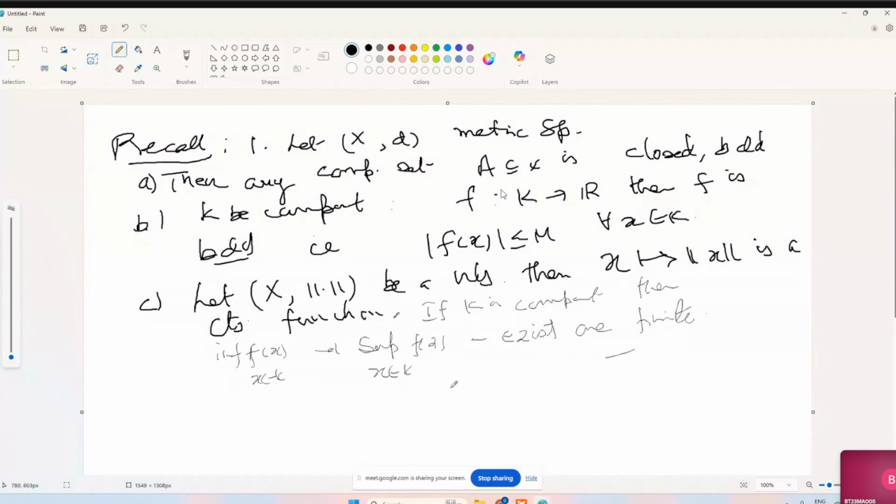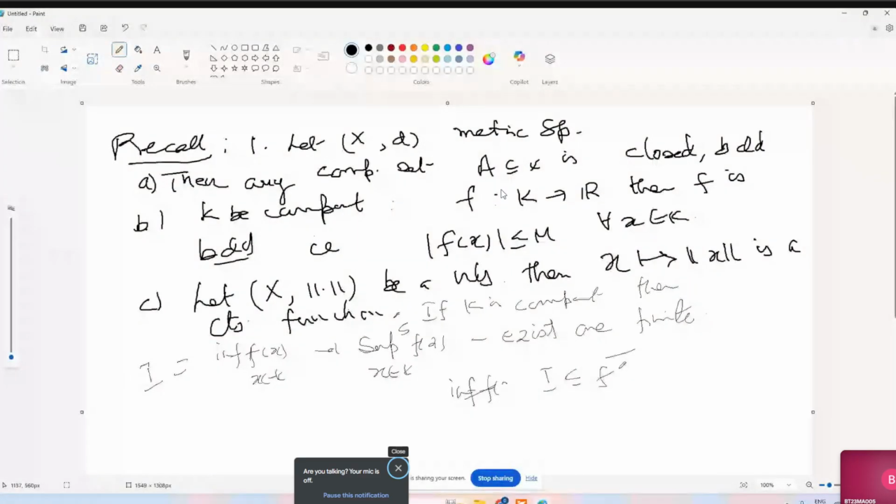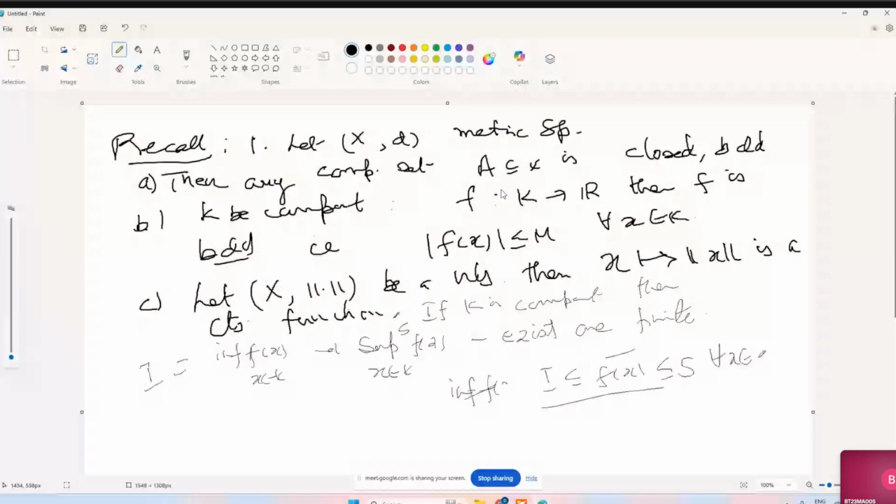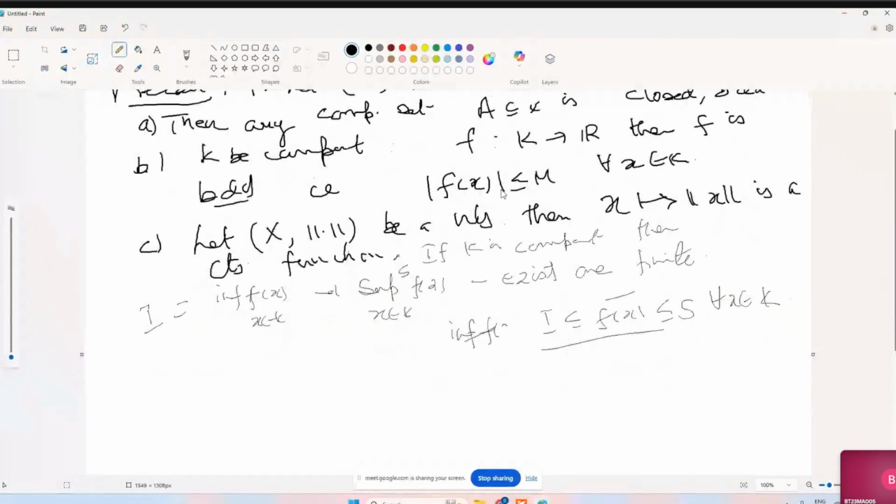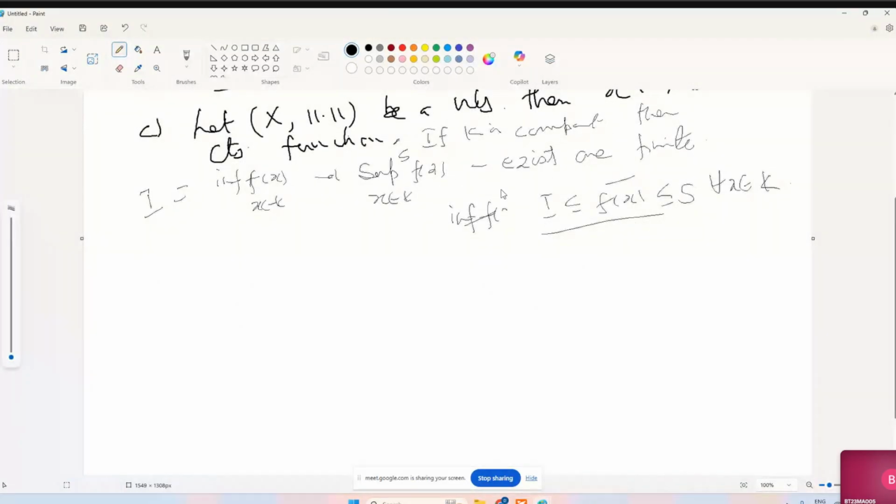That means, suppose I call the infimum I and the supremum S, then I is less than or equal to f(x), which is less than or equal to S, for all x. Not only that, there is a point at which the supremum and infimum will be attained. This is from metric space topology. Somebody would have done it for you.